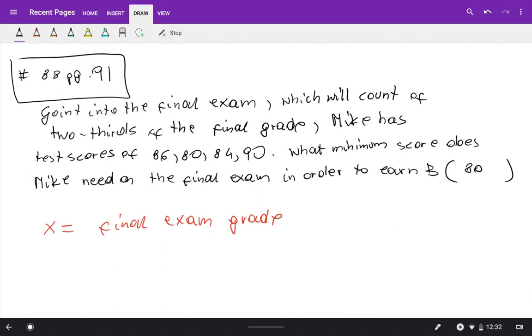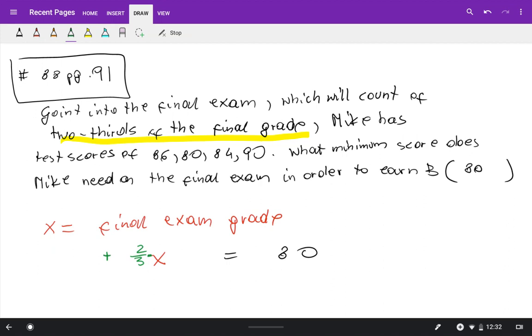The final exam is 2/3 of the final grade. So he's getting something from the final exam, which is X, maybe 75, and that final exam grade represents 2/3 of his grade, so you multiply by 2/3.